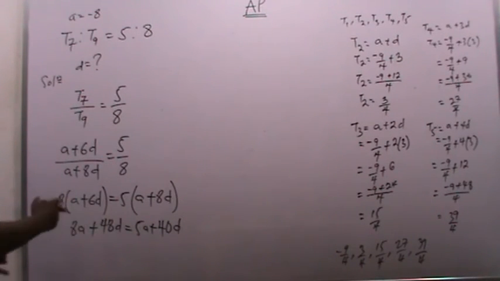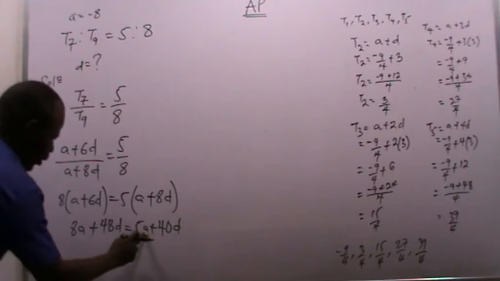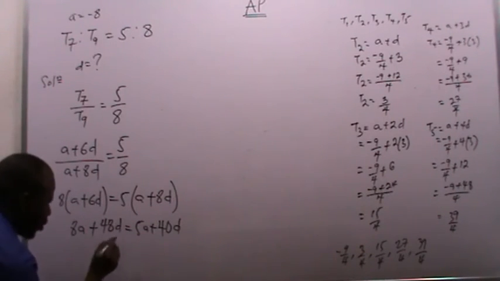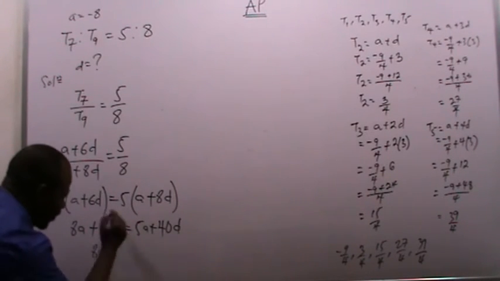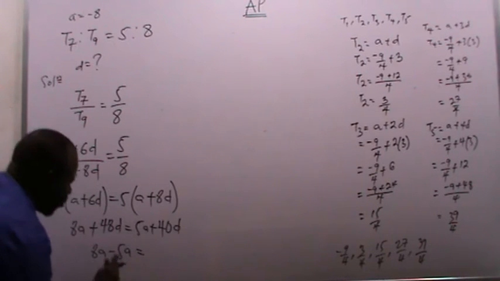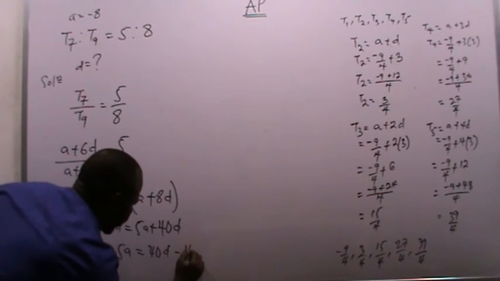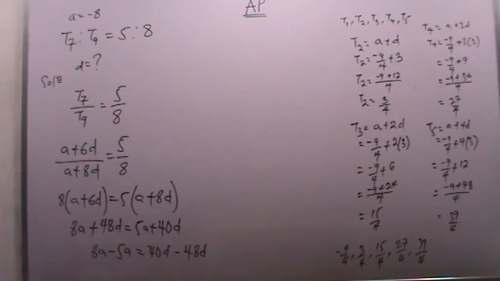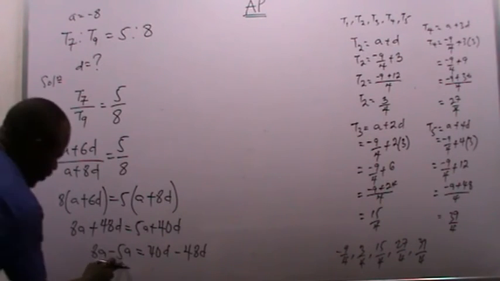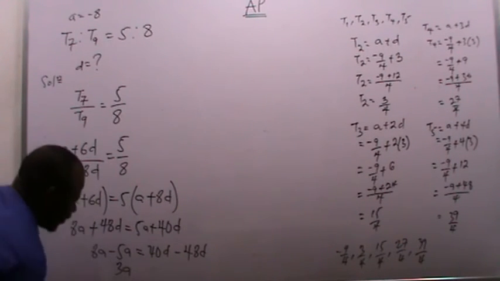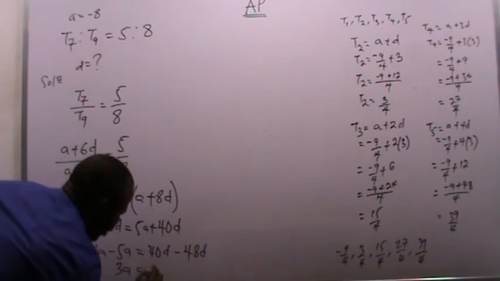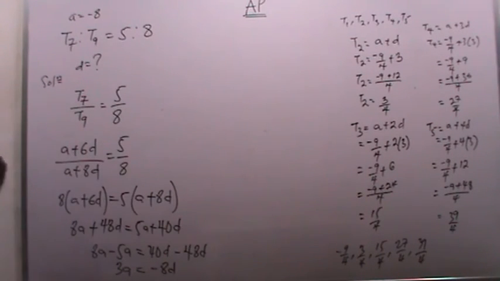So what do we do? Collect the like terms. So you have 8A minus 5A equals 40D minus 48D. So this minus this will give me 3A equals minus 8D.